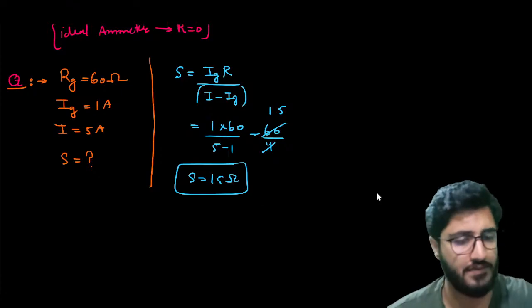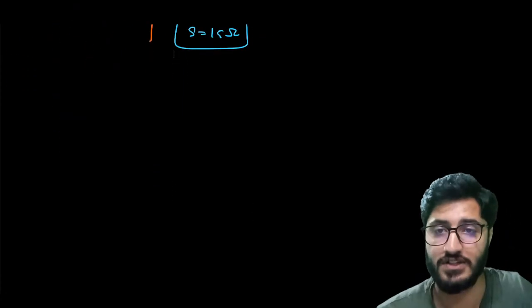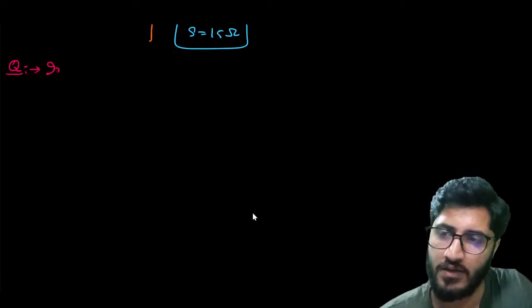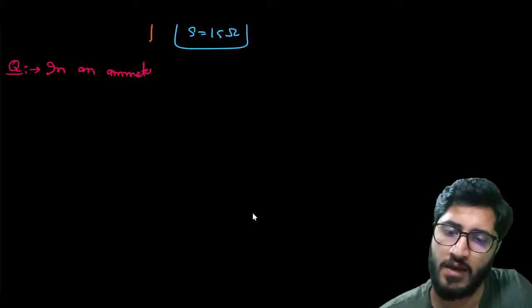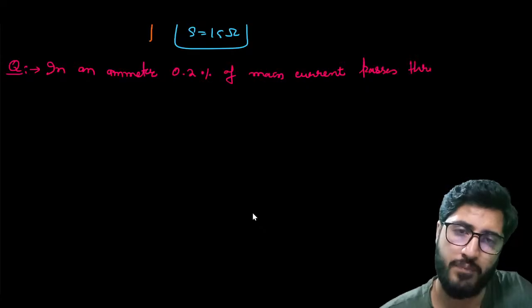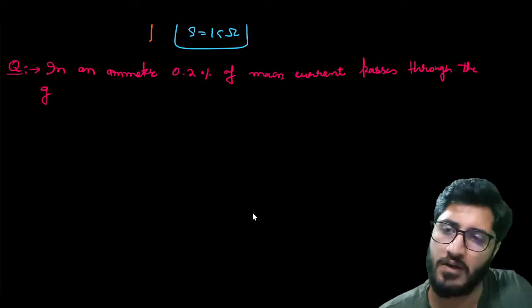One more numerical. I will write the language of the numerical first. Look now, the language is: in an ammeter 0.2% of the main current passes through the galvanometer.